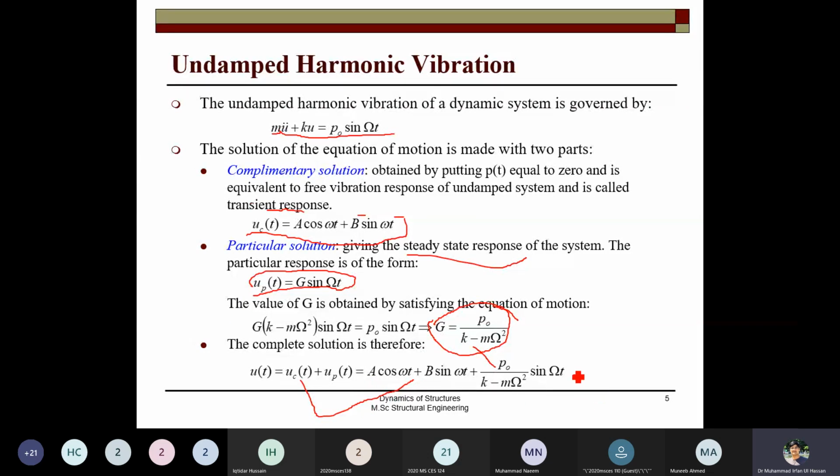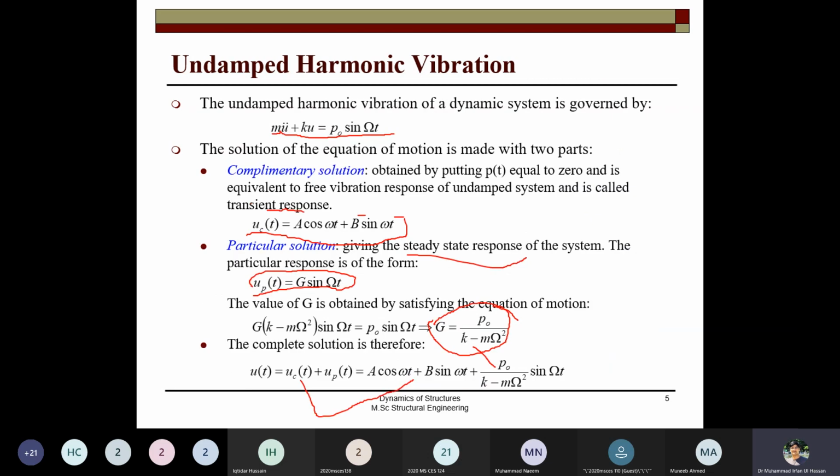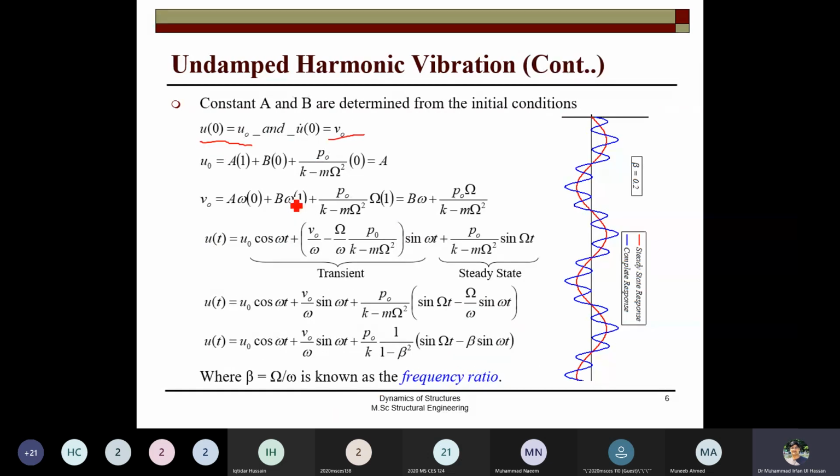Now we have to determine the constants A and B from this equation. Here we will apply the initial conditions: at time 0, u is u naught, and let's say at time 0 the velocity is v naught. We will put the values. Initially, A cos of omega t: at time 0 cos 0 is 1, but sin 0 is 0.